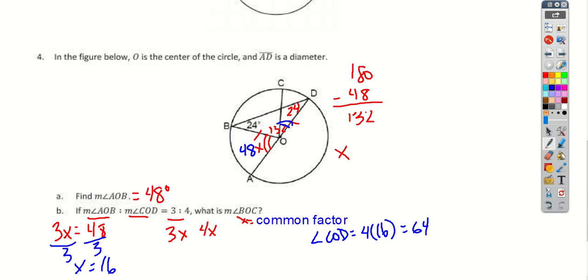We know the whole angle here, BOD, is 132, so 132 minus 64 is going to be the difference. Or we can also add 64 and 48 together and subtract from 180. And when we do this, we get a measure of 68. And so that's the measure of angle BOC there. It's not drawn to scale, because this looks way smaller than this, but that's how it has to work out based on the ratio they gave us.